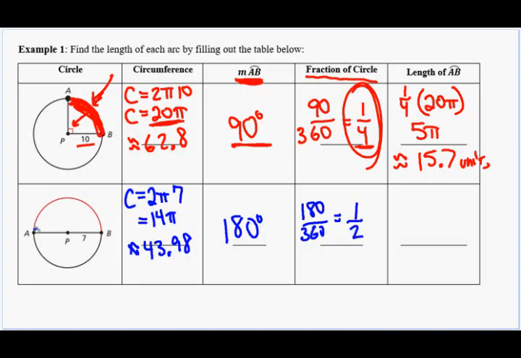So this arc right here that I'm hitting in blue ink is half of our full circumference. So we're going to do our 1/2 times the full circumference, 14 pi. That's 7 pi. As a decimal, that's about 21.99 units.